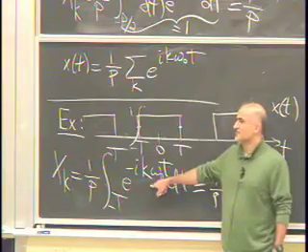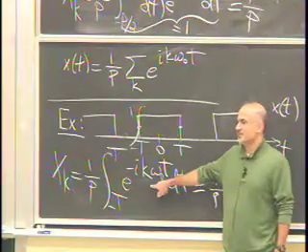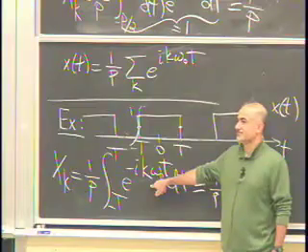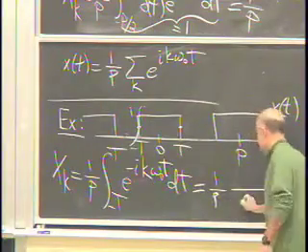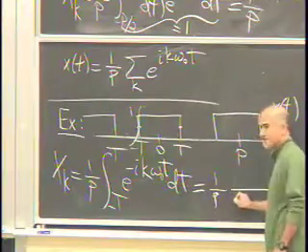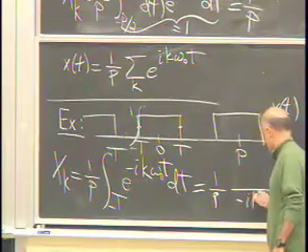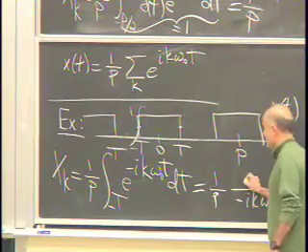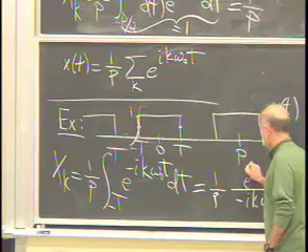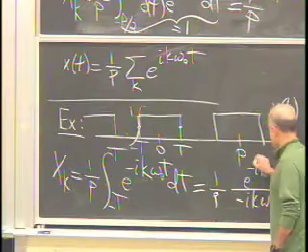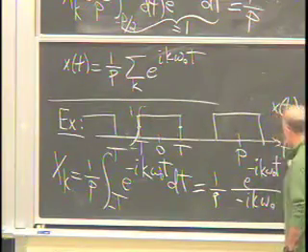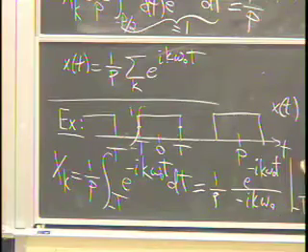E to the alpha t, integrate. What do you get? E to the alpha t over alpha. What's alpha here? Negative I k omega naught. And you've got e to the minus I k omega naught t, from negative t to t. So what do you have now?